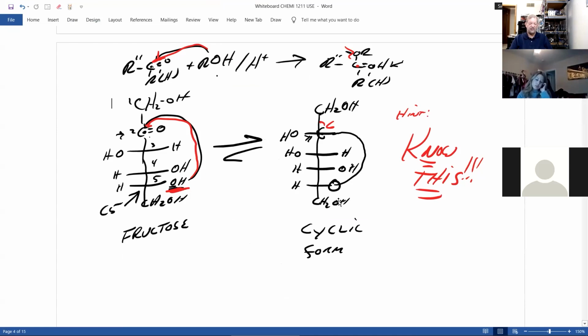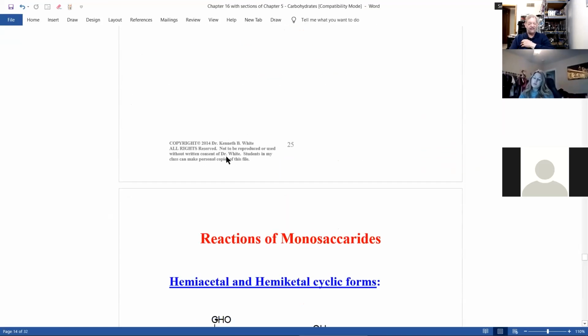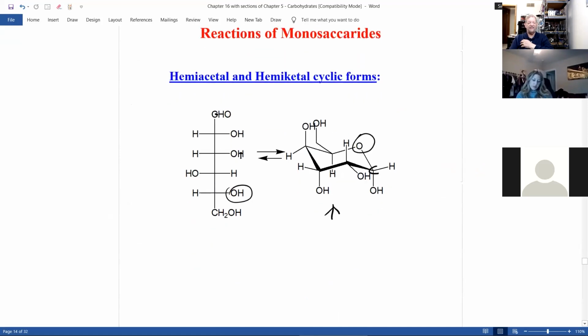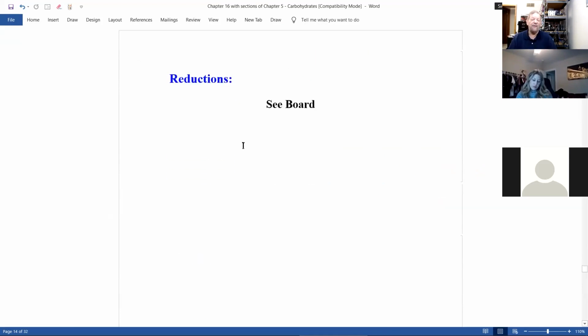You should know how to do these. And here I showed how to form the hemiacetal or ketal form of a monosaccharide for glucose and fructose. Now, reduction, C board. Oh, I got to get to work.